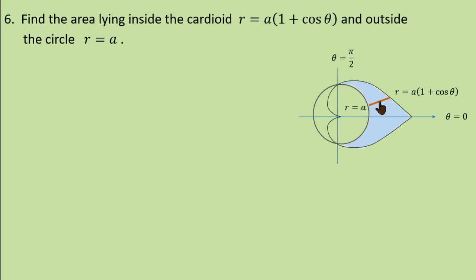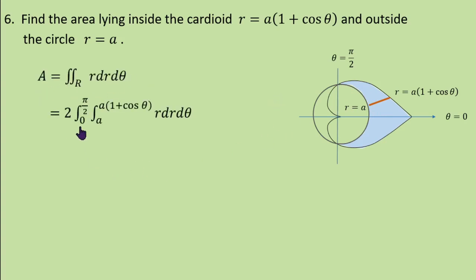So integrate r dr d theta. So this is the required area: 2 times the integral from 0 to pi by 2, a to a into 1 plus cos theta, r dr d theta. So I took only the first quadrant area and multiplied by 2, that is the total area between the cardioid and the circle.